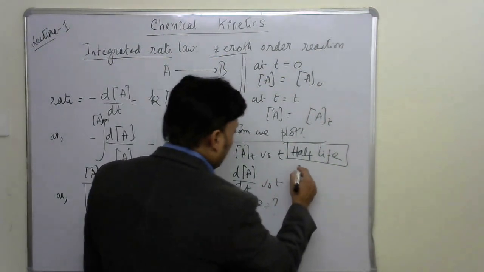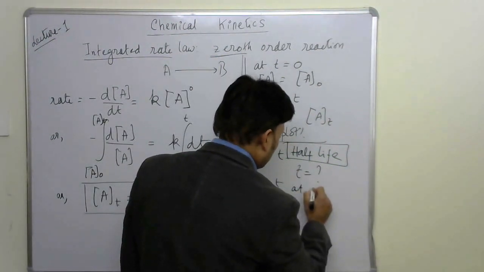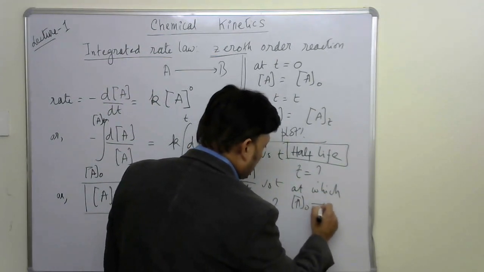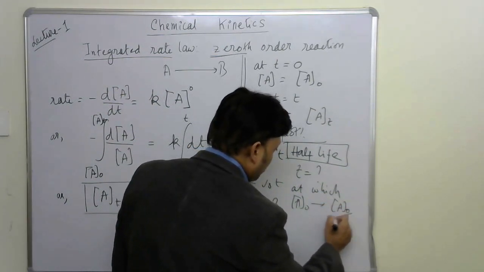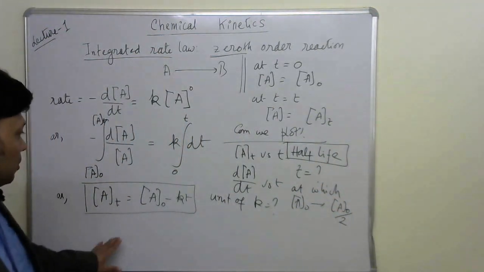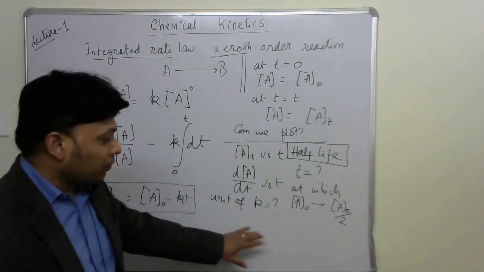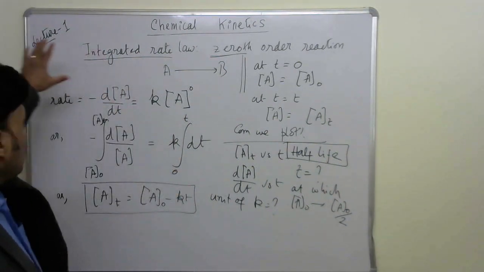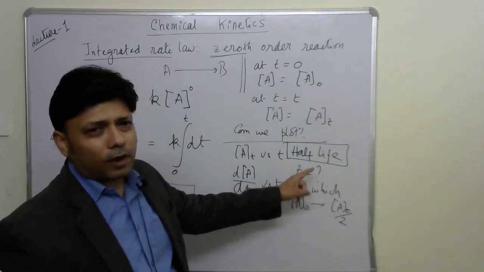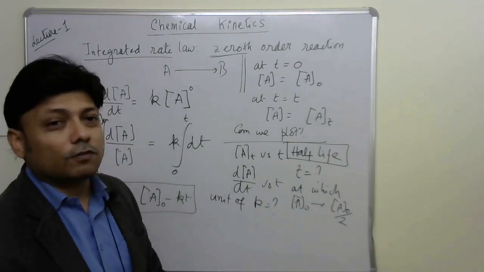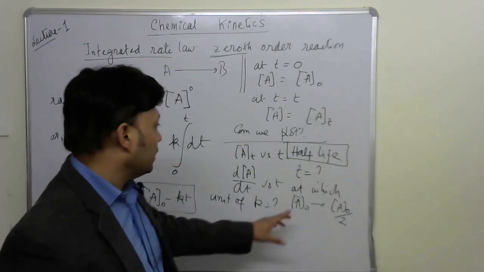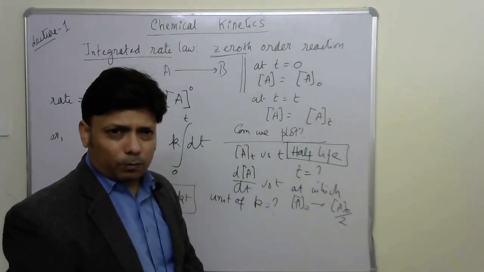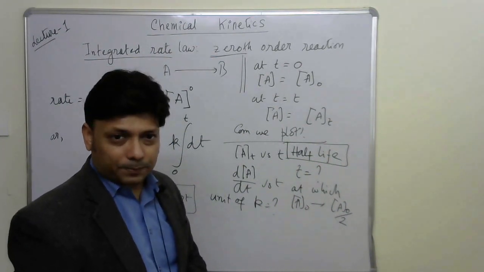So can you find the time t at which A naught becomes A naught by 2? Try to find the expression for the half-life from this. For a zero order reaction, the half-life is not that important, but for the first order reaction definitely the half-life is one of the very important parameters.